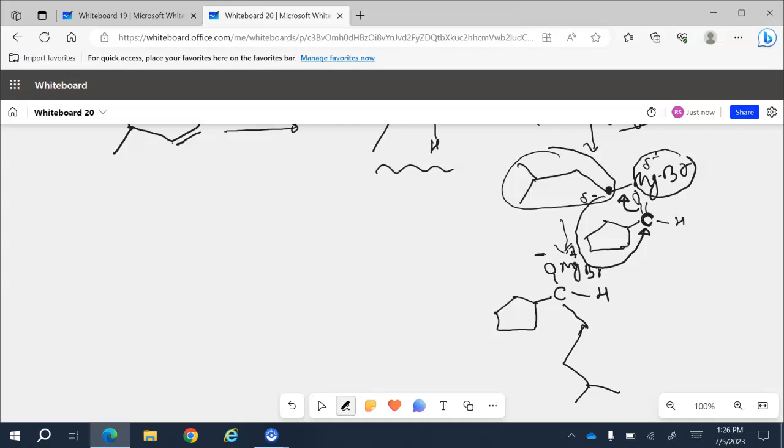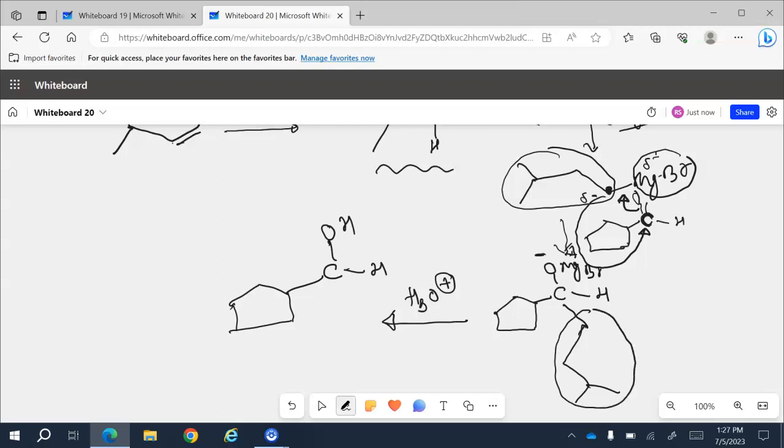This is again a salt. Now there is a fourth step. You saw the H3O plus; that is just for the workup, and this O minus will turn into OH. So your ultimate product will be: this carbon here, hydrogen as it is, O minus becomes OH, and this whole group will be attached there as usual.